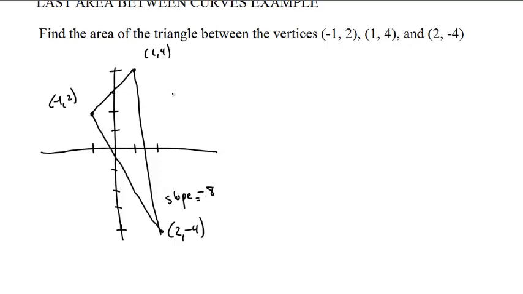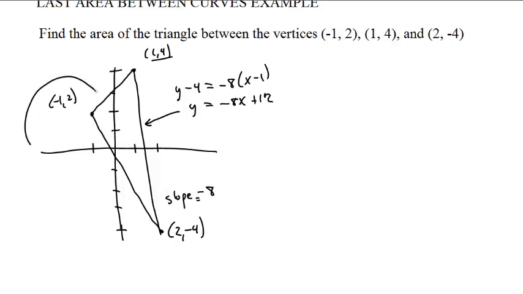And I love to use this formula: y minus 4 is -8 times (x minus 1), slope of -8 through that particular point. There you go. y is -8x plus 8 plus 4, plus 12. And that is that curve.